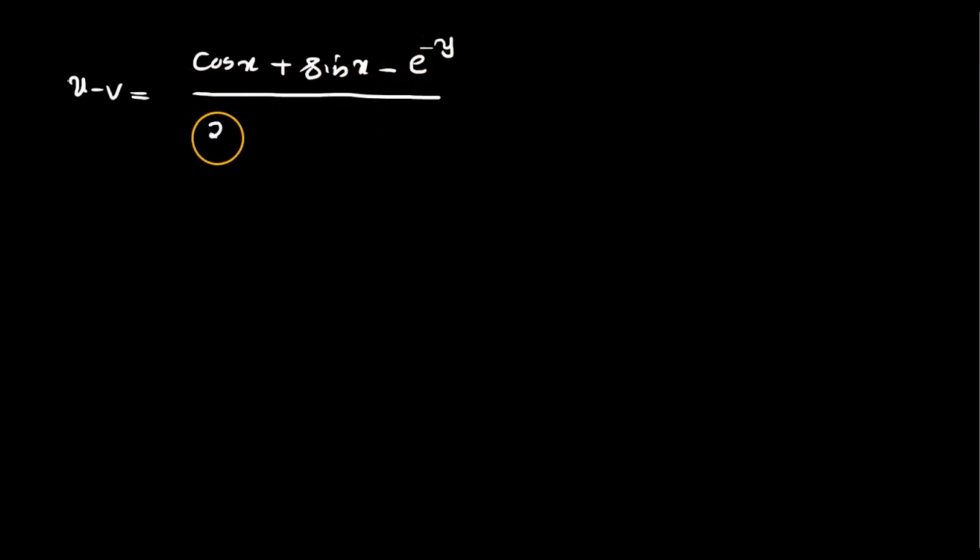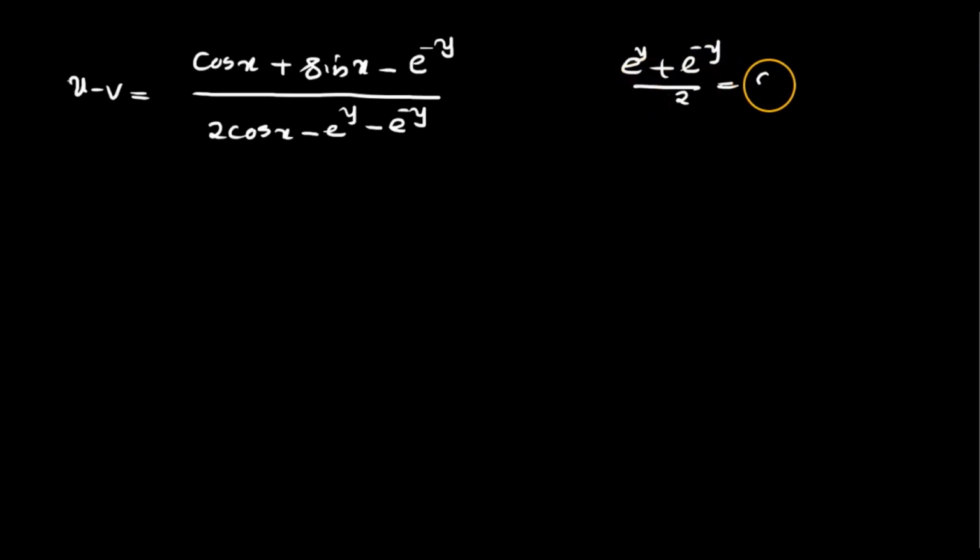Given u minus v equal to (cos x plus sin x minus e raised to minus y) all divided by (2 cos x minus e raised to y minus e raised to minus y). So we know that (e raised to y plus e raised to minus y) divided by 2 is cosh y, the hyperbolic function of cos.